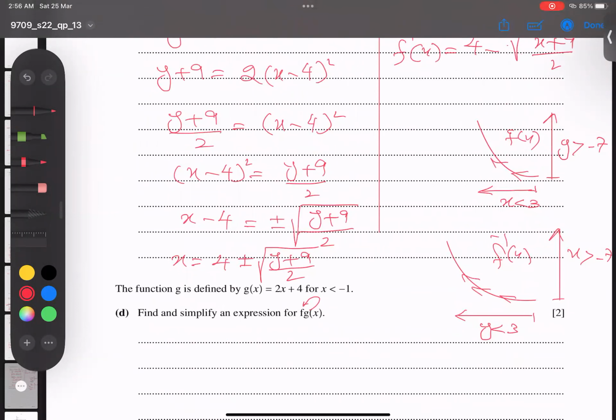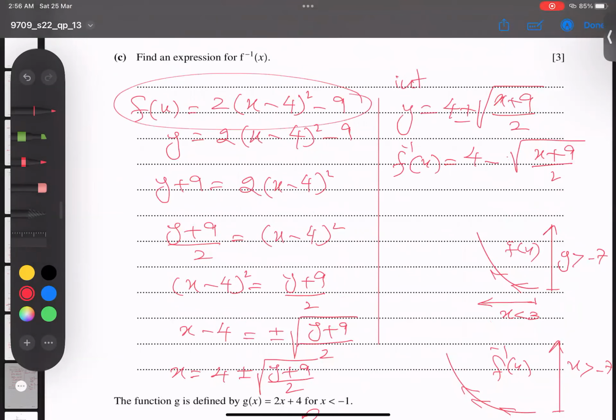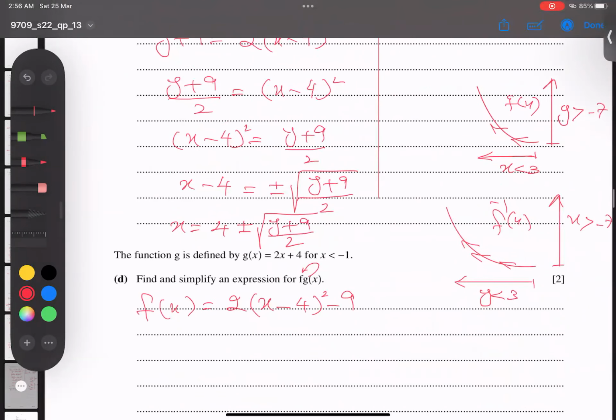First of all, this is f of x: 2 times (x minus 4) whole square minus 9. I replace every x with an empty space. First of all, you can see the empty space. Now I replace the function name here. I repeat my words: the function name comes here and its value comes here.